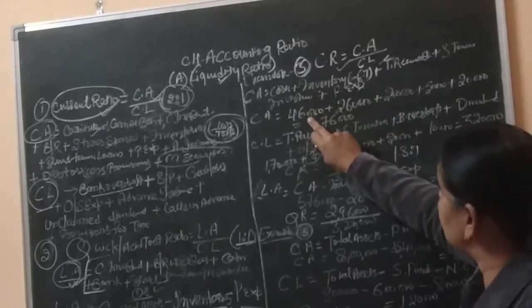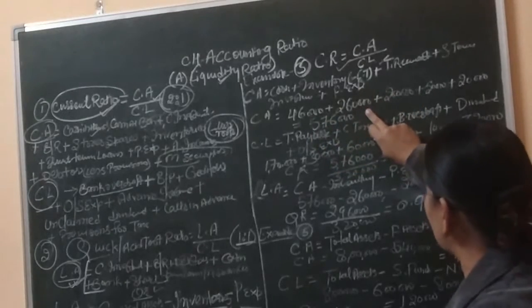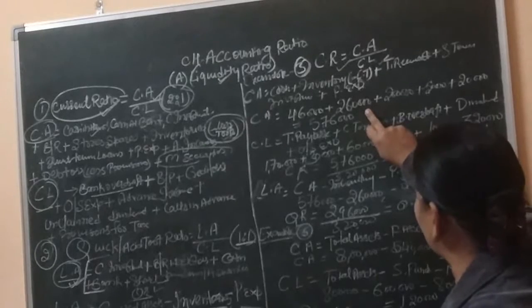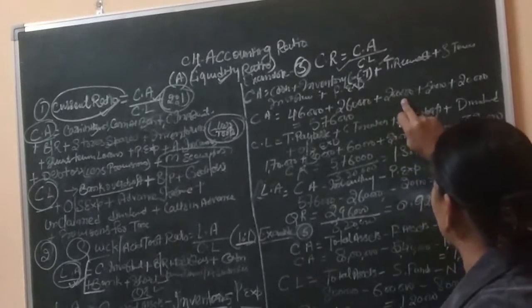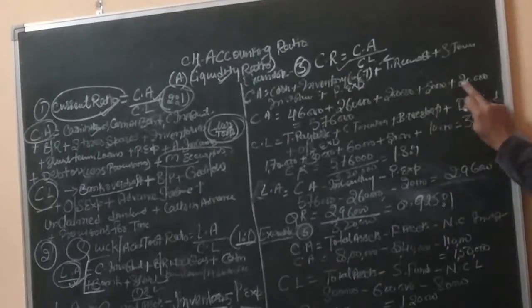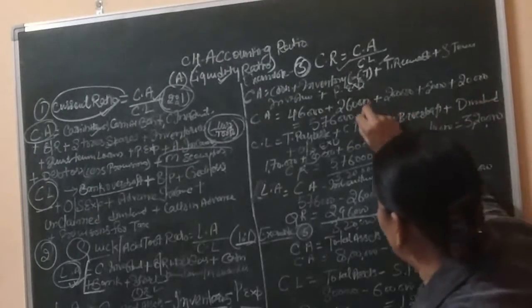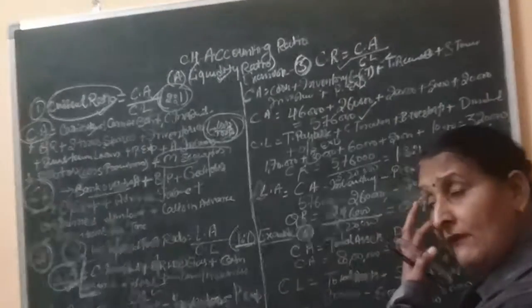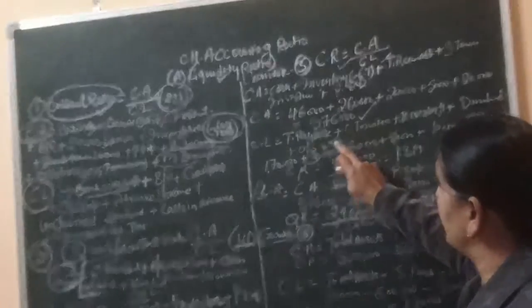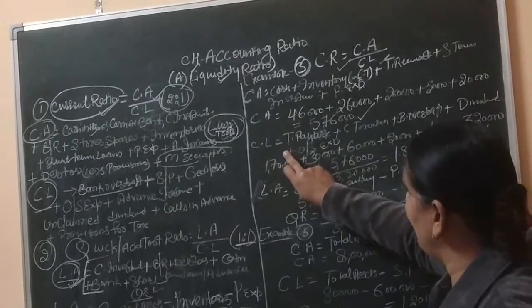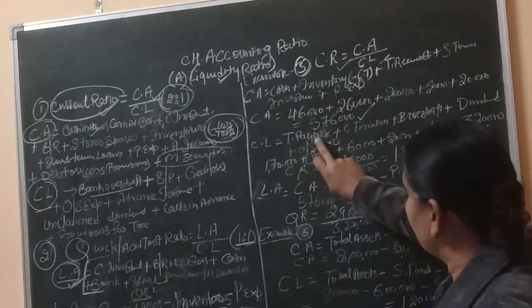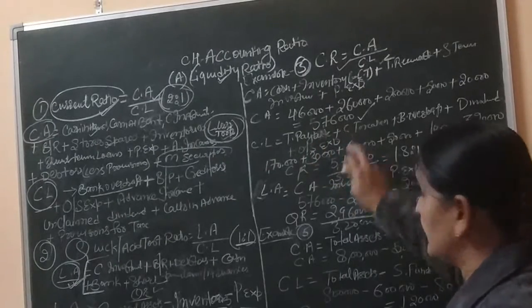It means 46,000 plus 2,60,000 excluding loose tools inventory, amount of inventory, plus 2 lakh plus 50,000 plus 20,000. So the amount of current assets is 5,76,000.